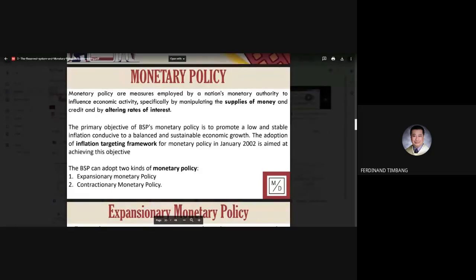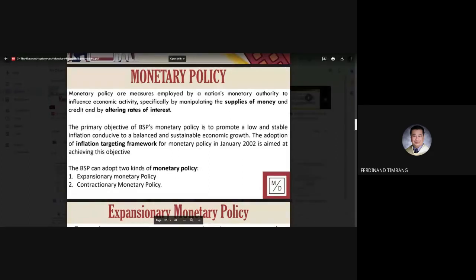Pagka interest rate tumaas, the people investing in the stock market will sell and then invest in fixed income securities. Kaya pagka interest rate bumababa, pupunta naman sa stock market yan. So during that time, when inflation was high, Governor Jokno increased the reserve requirement and also the interest rate.